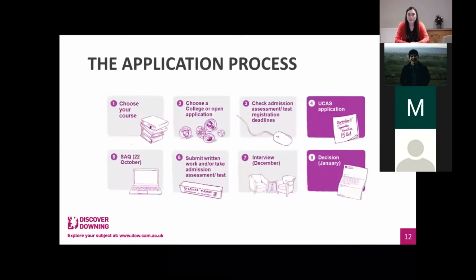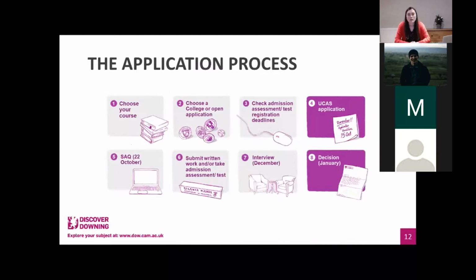So the application process then, the first thing you need to do is choose your course. So hopefully after today, you'll all be set on economics, which is brilliant. And then you need to choose your college, and you can choose any of the 31 with a couple of exceptions. A couple of them are postgraduate colleges, a few of them only take mature students, and a few of them only take female students.